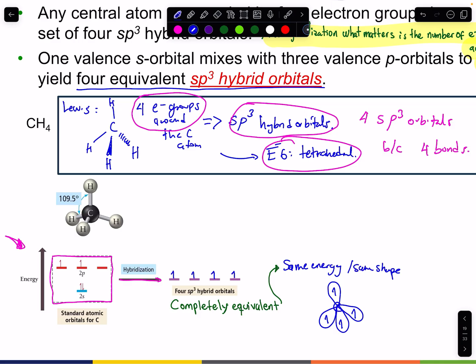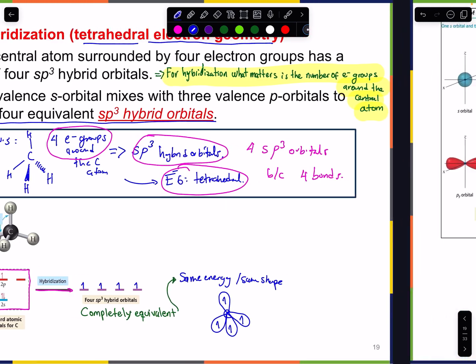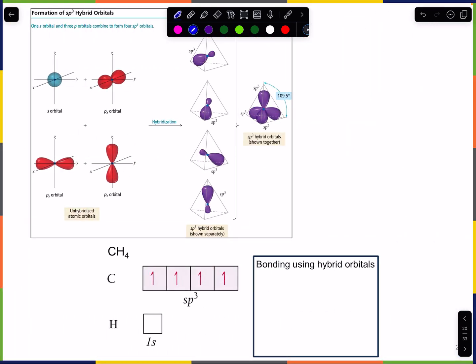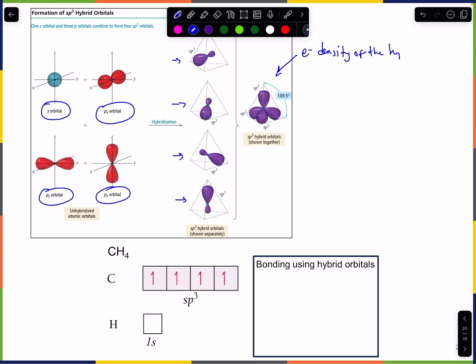Right? So, this is a representation of what's going on there with this mixing. Right? 1s orbital and 3p orbitals, the px, py, and pz orbitals. Right? To get the 4 sp3 orbitals. Here you have the corresponding geometries or electron densities, right? This is at the end the electron density of the hybrid orbitals.